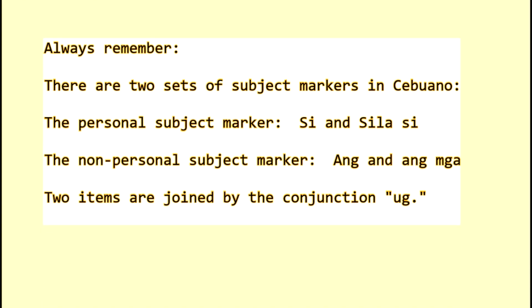So, always remember, there are 2 sets of subject markers in Cebuano or Bisaya. The personal subject marker, si and sila si, and the non-personal subject marker, ang and ang mga. 2 items are joined by the conjunction ug.